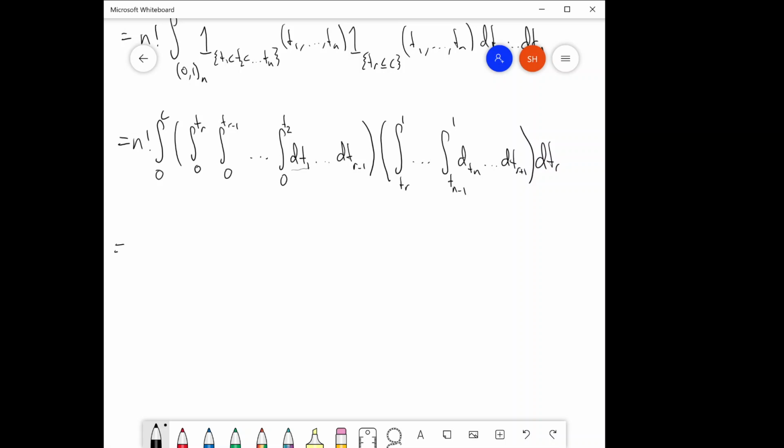And then you can explicitly figure out what these are by induction. I'm not going to do that.